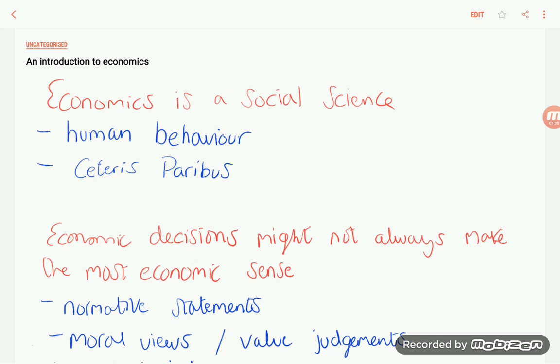Income won't remain constant. To get around this problem, the existence of multiple variables in an economy, economists use the assumption known as ceteris paribus, which is Latin for all other things remain equal. Economists use ceteris paribus when they're looking at the relationship between two factors, for example price and demand.